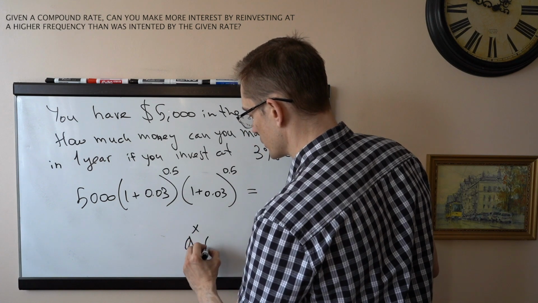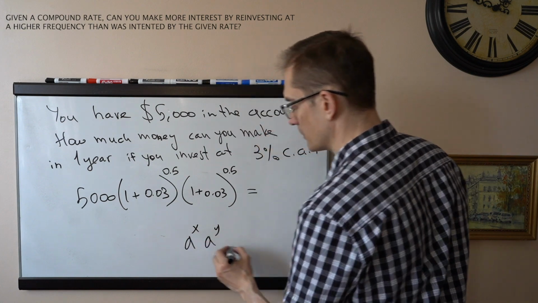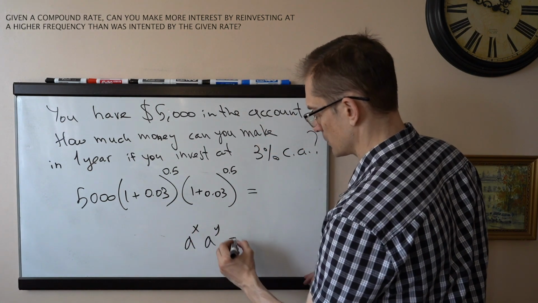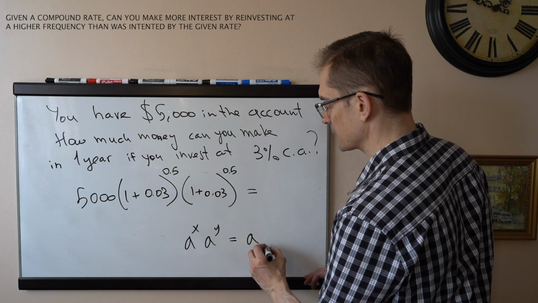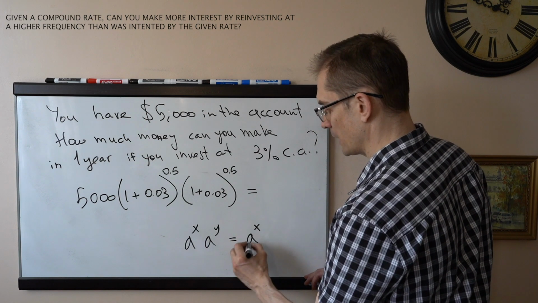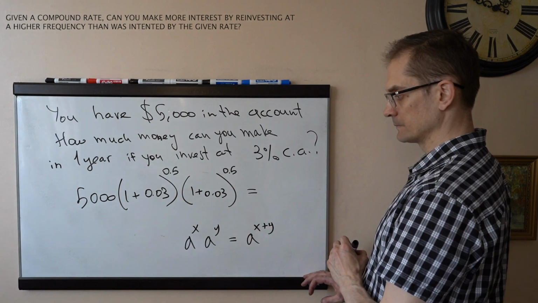Because when you multiply two numbers with different exponents x and y, it will be x plus y as your exponent, right?